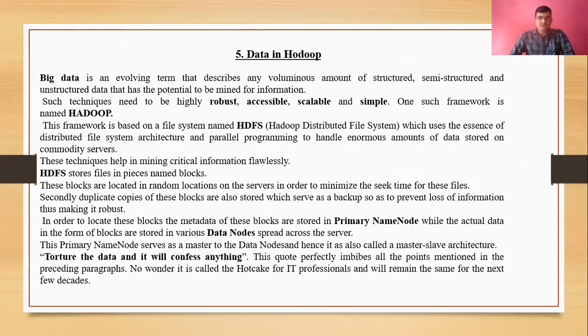The primary name node serves as a master to the data nodes, and hence it is also called a master-slave architecture. In the Hadoop system, this architecture has one master and different types of slaves.